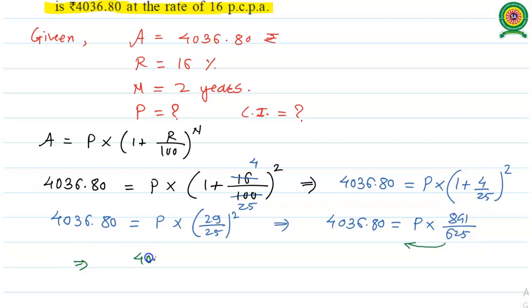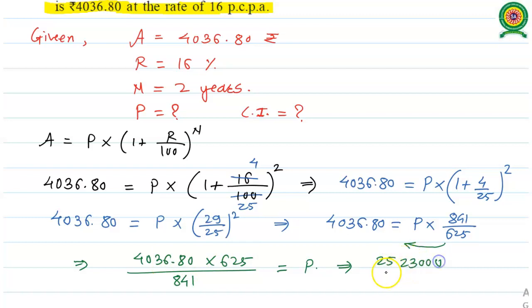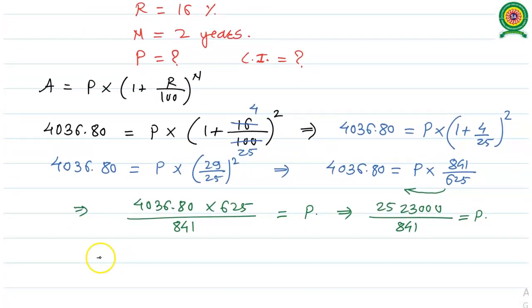So we are having now 4036.80. 625 is the divisor, after shifting it will become a multiplier, while 841 is the multiplier, after shifting it will become a divisor, that is equal to P. So 4036.80 into 625, we are getting 25,23,000 whole divided by 841, that is the value of P. So once we divide 25,23,000 by 841, we are getting the value of principal as 3,000 rupees.